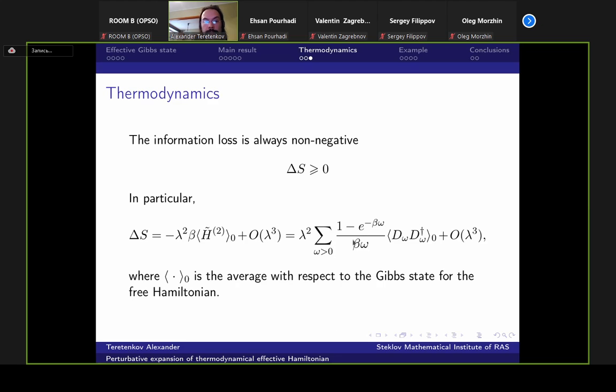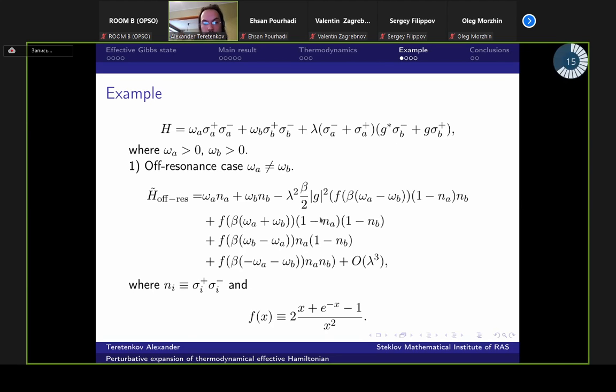It's not exactly this, but some derivative of it. So this is just an explicit result. In the zero order we have just the free Hamiltonian, and here we have the second order correction.